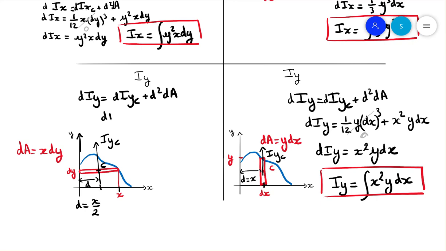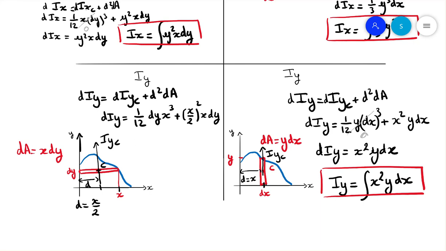So dIy is equal to, so the dIc. So you rotate 90 degrees and it's equal to 1/12 of b. So b is your dy. h cubed is your x cubed. Plus the d squared. d is equal to x divided by 2, squared, and your dA is equal to x dy.